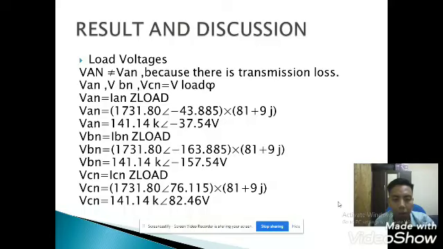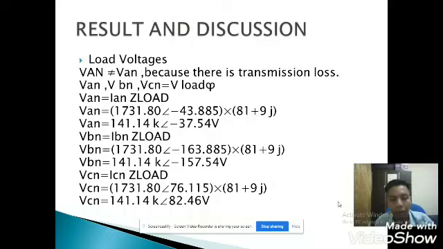VAN is equal to 1731.80 degree of negative 43.885 times with 81.9 J. VAN is equal to 141.14 kilo degree of negative 37.54 volt.